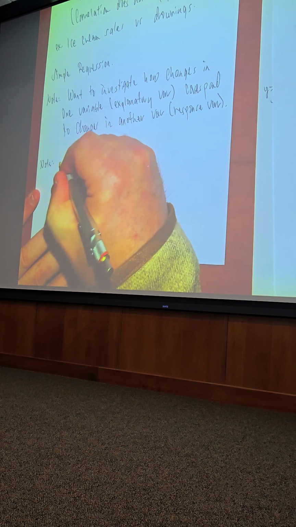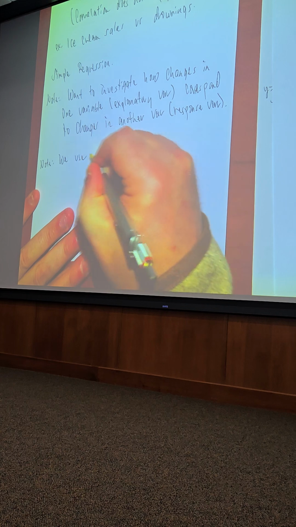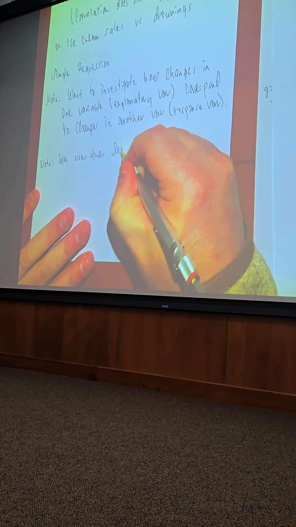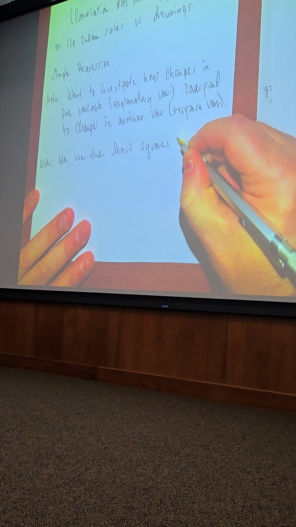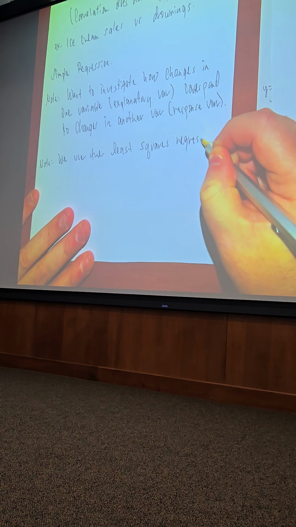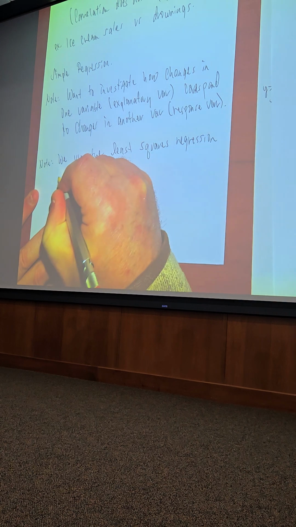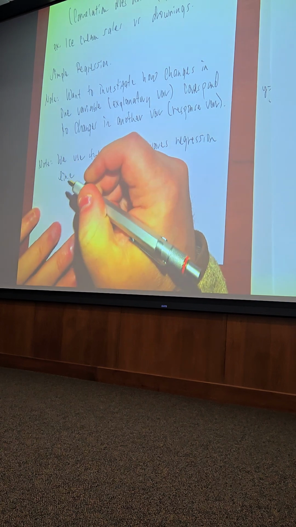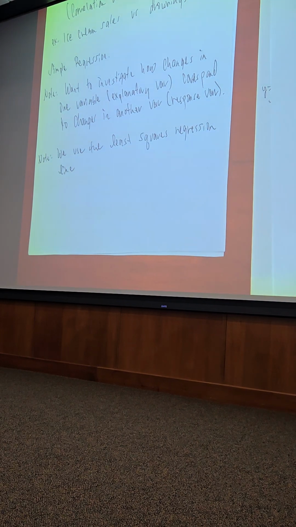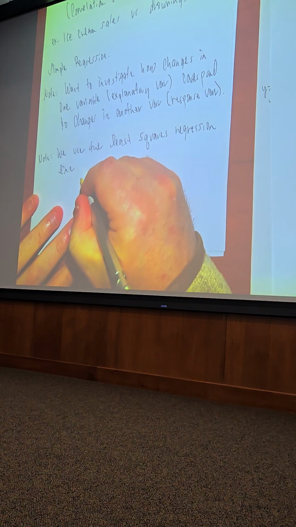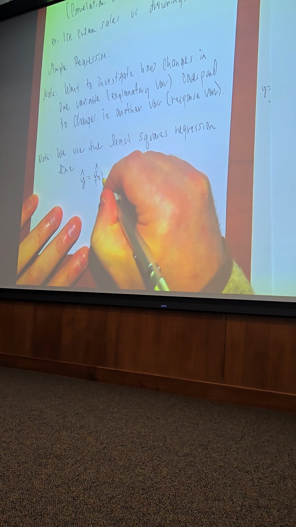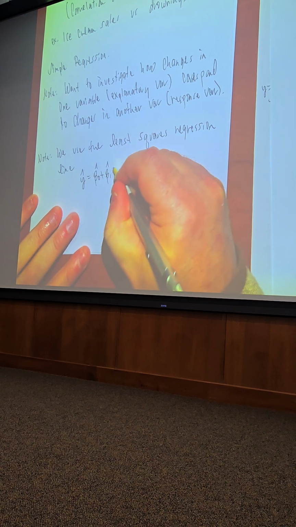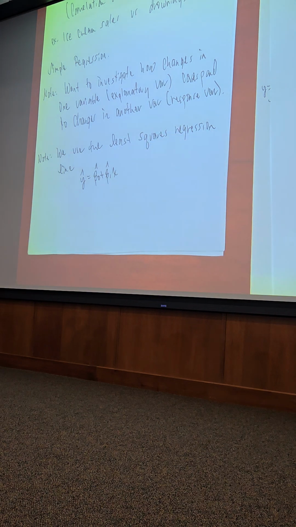We use the least squares regression line. Now, the so-called least squares regression line, I'm going to write as follows. It's y hat is equal to beta 0 hat plus beta 1 hat times x. Okay.